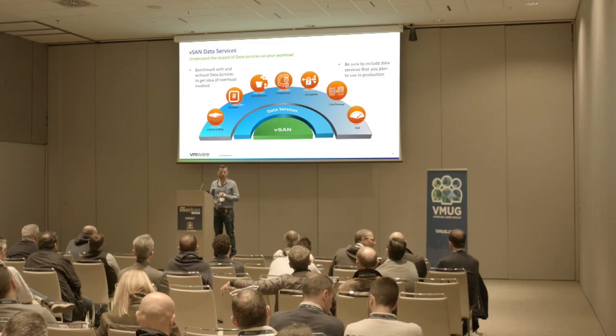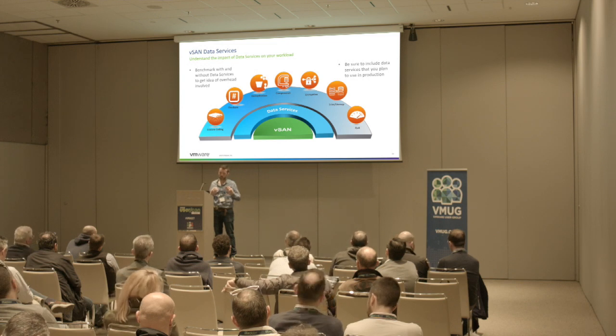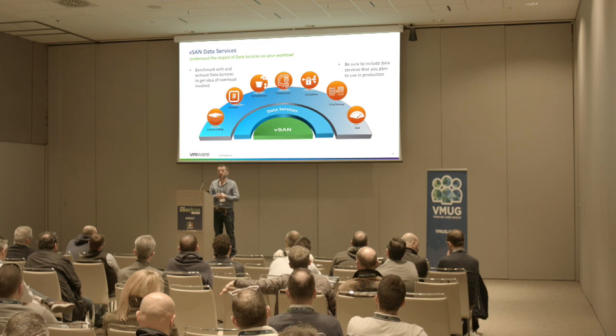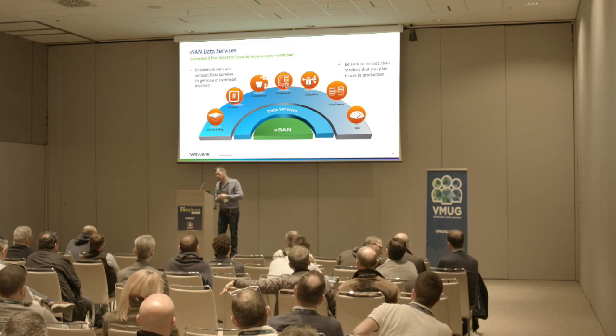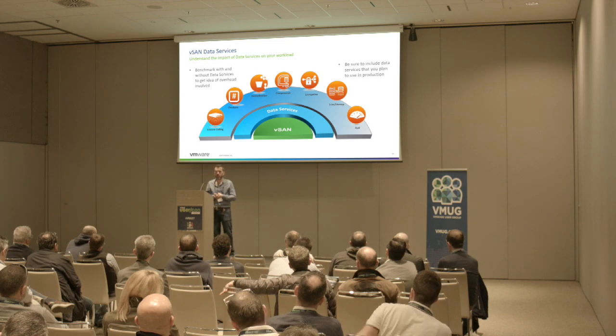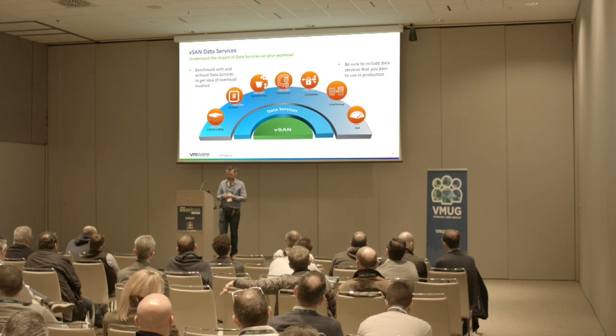It's not as feature rich as some of our competitors, but you can set IOPS limits on it. Okay, so that's a quick run through. In my opinion, deduplication and compression and erasure coding are going to be the biggest hits when it comes to vSAN performance. Encryption, yes, there is an IOPS overhead as well, but not as much.